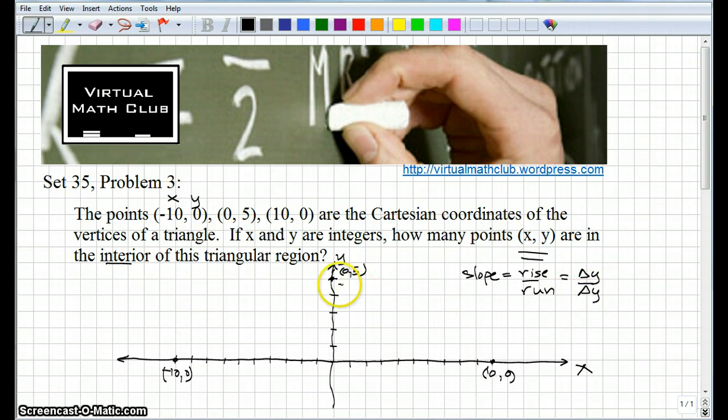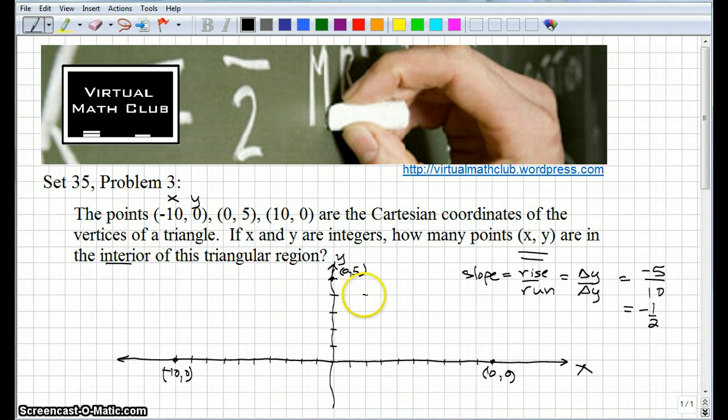In going from this point, (0, 5), over to this point, (10, 0), it looks like we go down 5 and over 10. So we're going 5 in the negative direction and 10 in the positive direction. So our slope is negative 1/2. That means for every one that we go down, we go over 2.